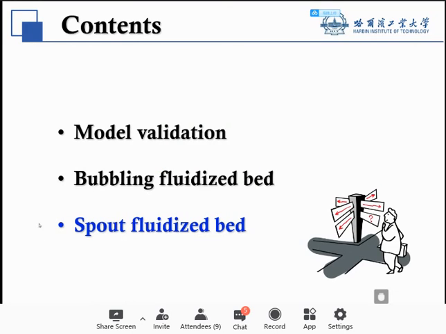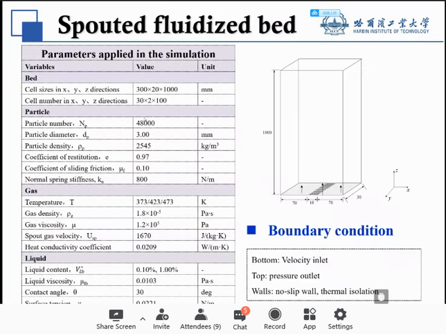Next, I will introduce the drying process in a spouted fluid bed. Compared with the bubbling fluid bed, the structure is different, and the parameters for the particle density, particle diameter, and gas velocity are different.